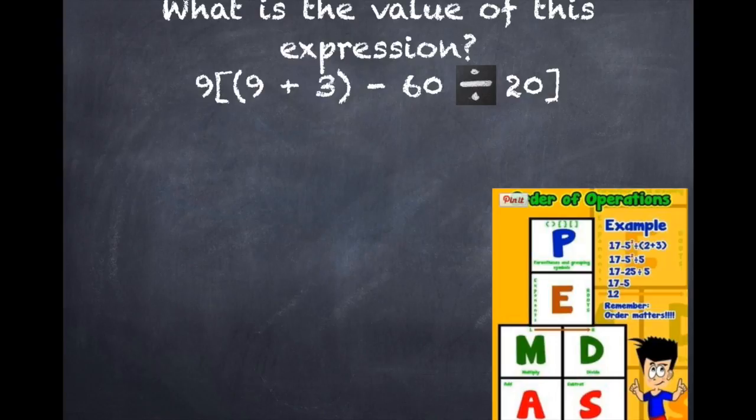Remember when we do the parentheses, we do our parentheses, then our brackets, then our braces. In this problem, we only see parentheses and the brackets. Pause the video now. Go ahead and solve this problem and press play again in just a few minutes.